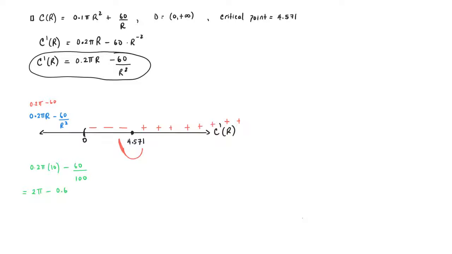So the graph is always going to be increasing in this interval, and the graph will always be decreasing on this interval to the left of the critical point. That really means that at the critical point, the graph is going to achieve its absolute minimum. That is going to happen when R is precisely 4.571 centimeters. So it is therefore for this particular R that the cost is going to be minimized at the absolute minimum.